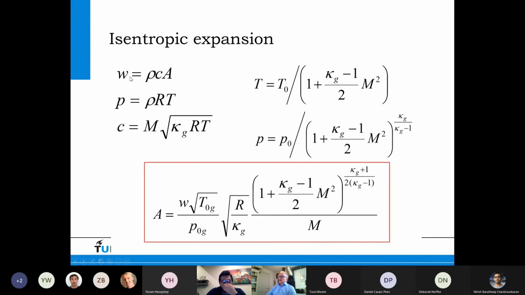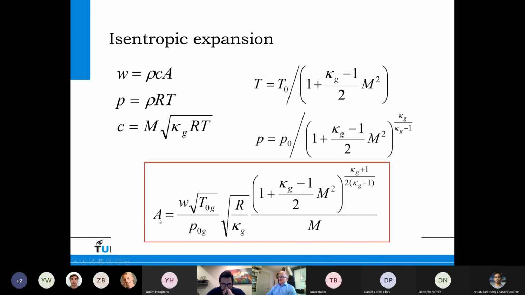So we have an expression for mass flow here, with pressure and velocity, which is Mach number times sonic velocity. And then here we have a ratio between total and static properties, if it's isentropic.